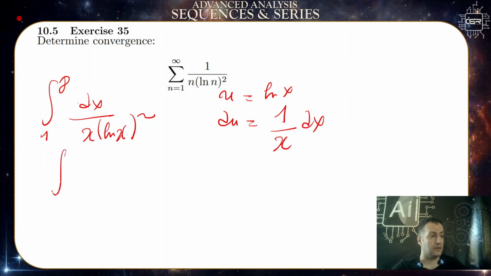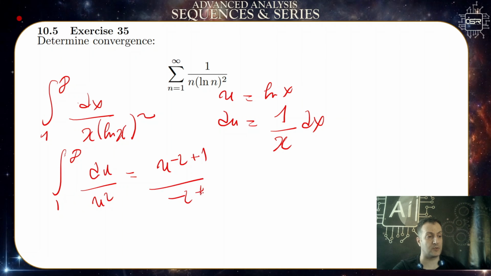So this can resolve into the integral of du over u squared, equal to u to the power of minus 2 plus 1 divided by minus 2 plus 1, so minus 1 over u.